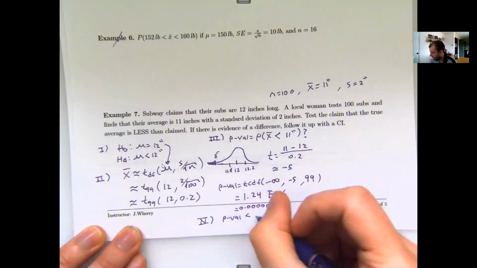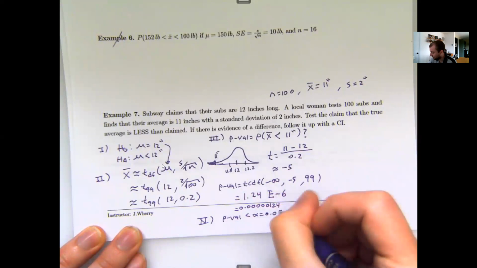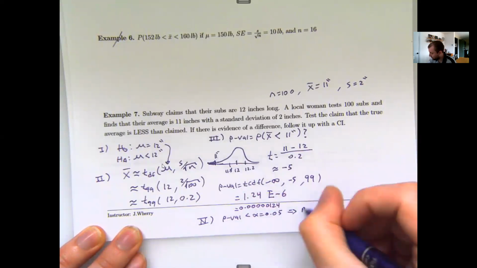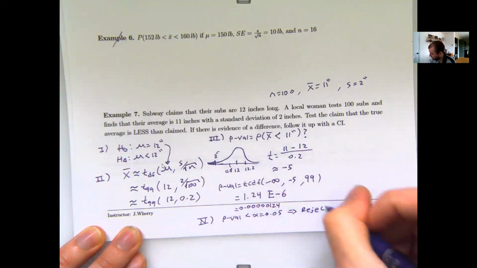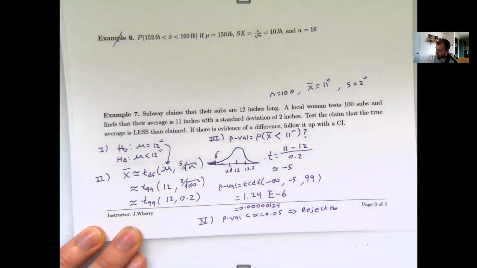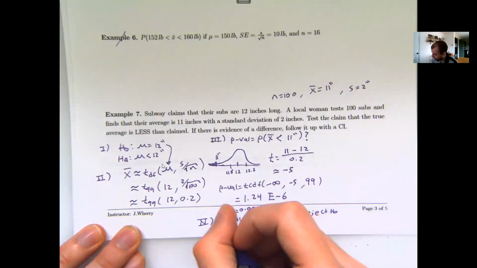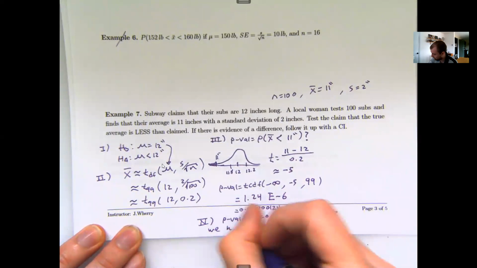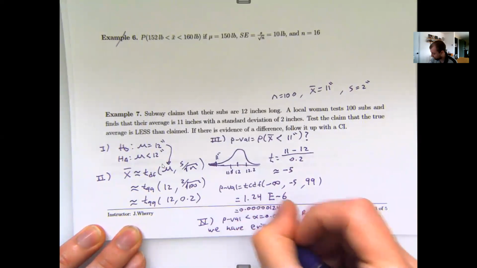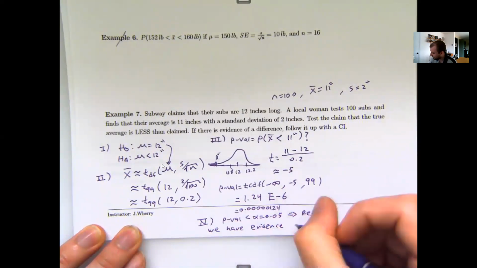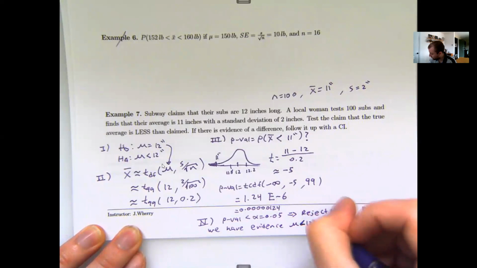And if you have a small p-value, you're going to reject the null hypothesis. If you're rejecting the null hypothesis, this must mean that we have evidence that the average length of subs at Subway is less than 12 inches.